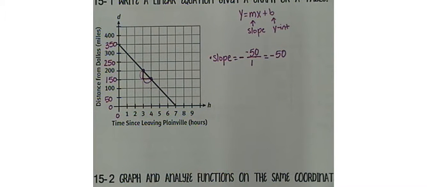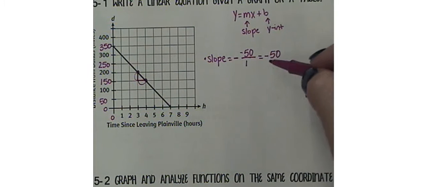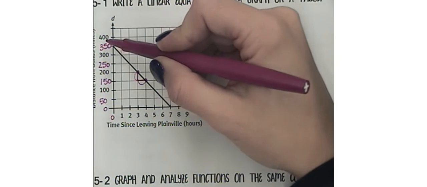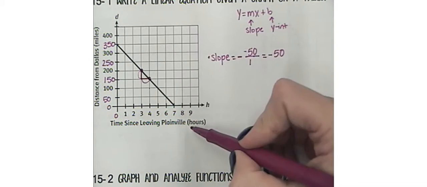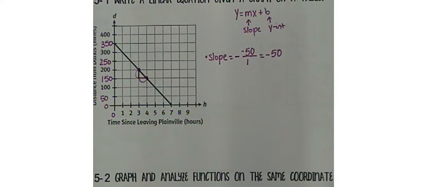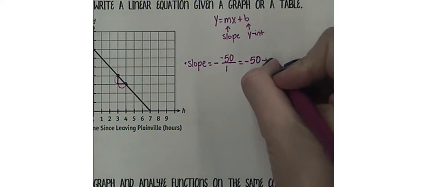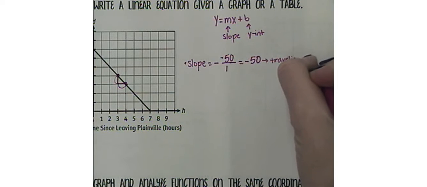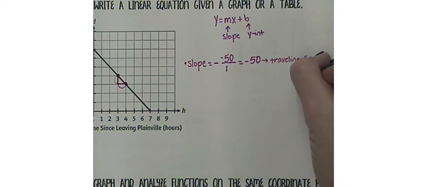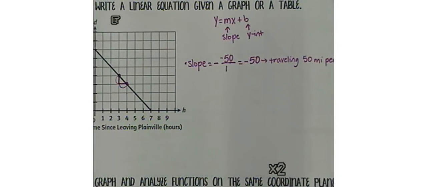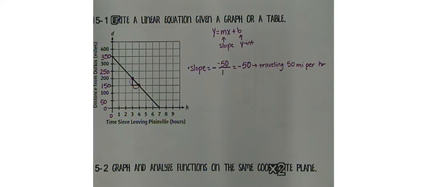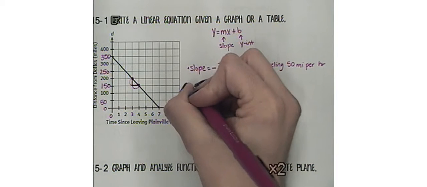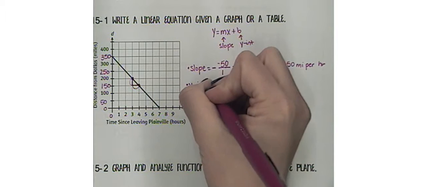So what does this mean? This means that we're traveling 50 miles per 1 hour. So the next thing we need is our y-intercept, or our b value.